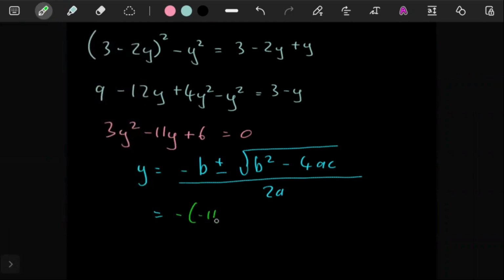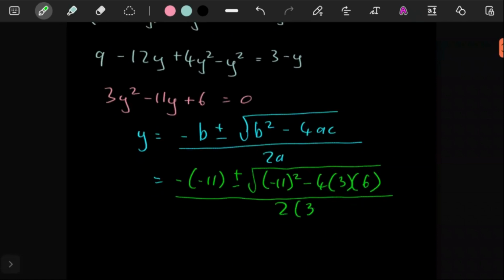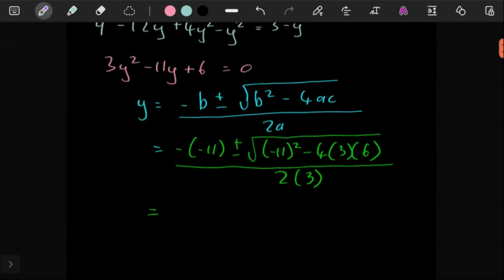So this is going to be 11 plus or minus the square root of b squared minus 4 times a, where a is 3, and c is 6, and then 2 times a, which is 3. From here, it's a matter of putting everything in the calculator.